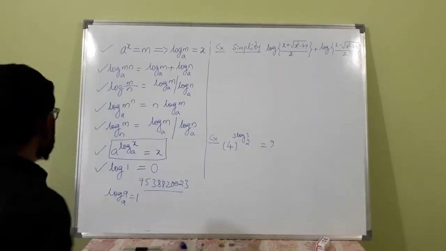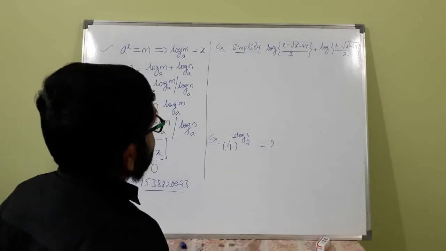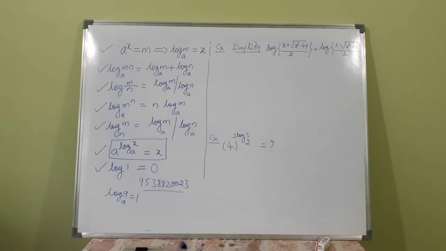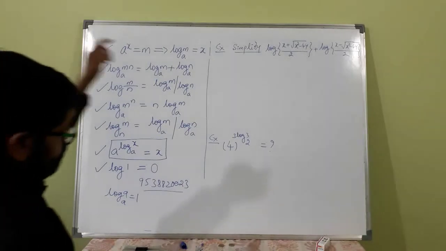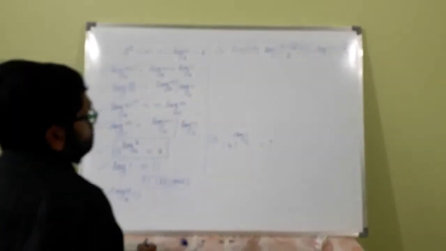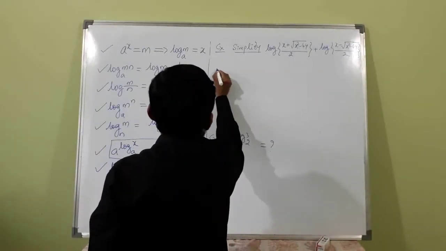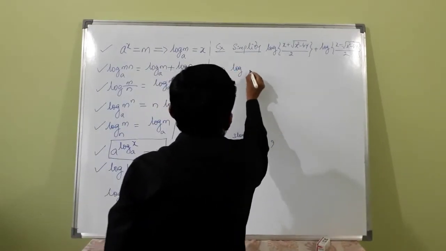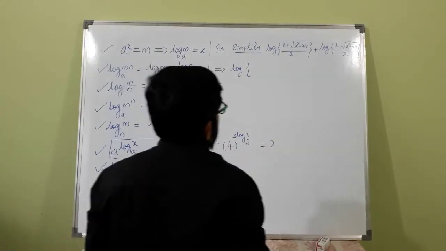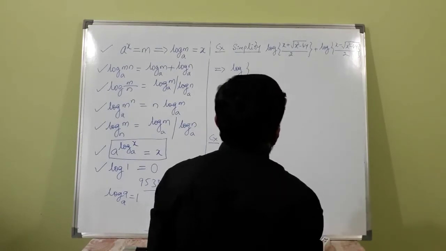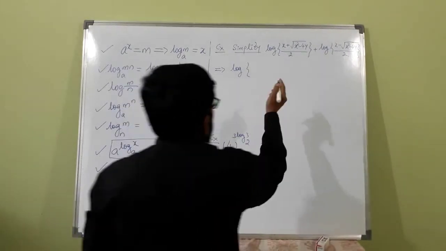Another example, log of x plus root of x square minus 4y divided by 2 plus log of x minus root of x square minus 4y divided by 2. See, this base is not given. Let us assume that the bases are same. Then log of m plus log of n is log of m into n, okay.